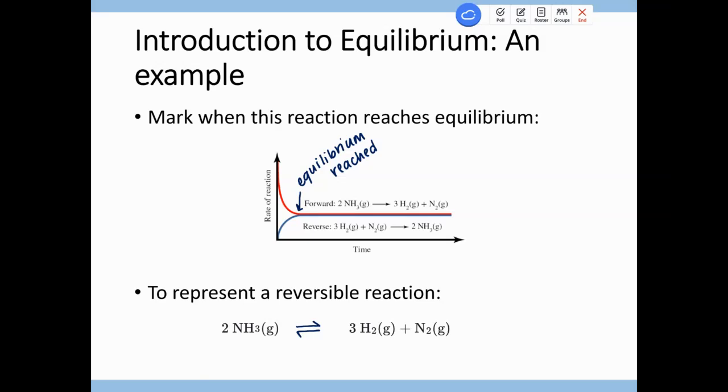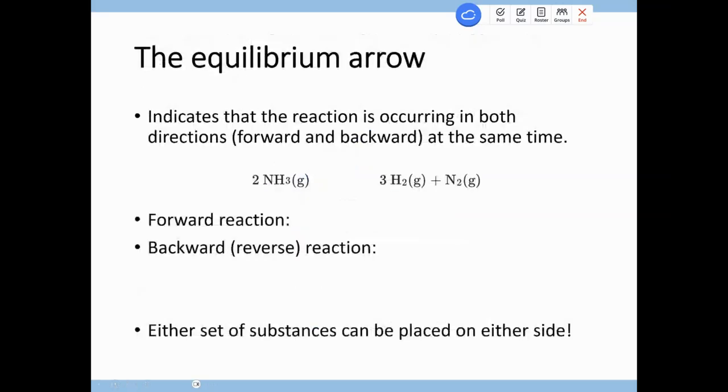So let's talk more about how we're representing, how do we know what's a product and what's a reactant if it's reversible, right? So that equilibrium arrow, which we've talked about, indicates that the reaction occurs in both directions, forward and backward, at the same time. The forward reaction, now this all depends on how the equilibrium reaction is represented on the page.